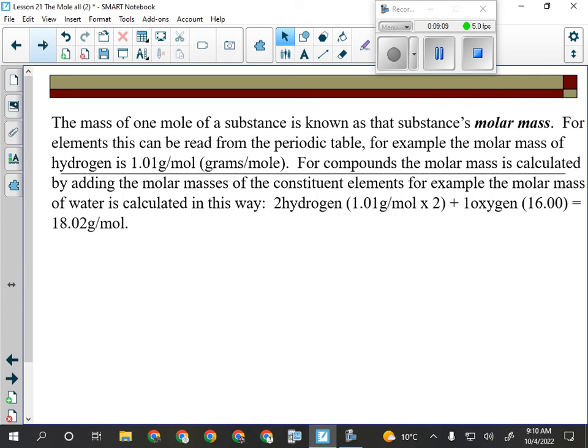If I want to calculate the molar mass of something that's not an element, because obviously I can read the molar mass of elements right off the periodic table, but if I want to calculate the molar mass of a compound, then I have to add up the atomic masses from the periodic table. So for example, with water, H2O, I would look at the atomic mass of hydrogen, which is 1.01 grams per mole.